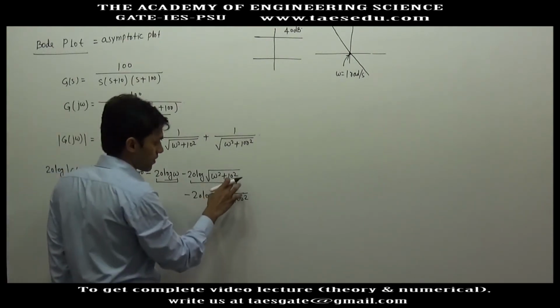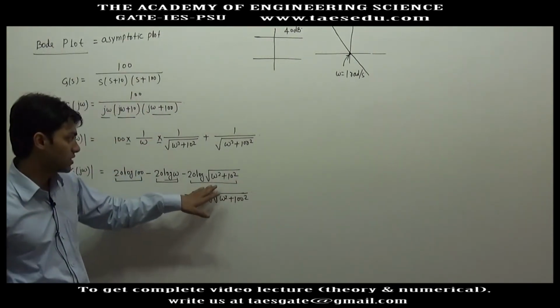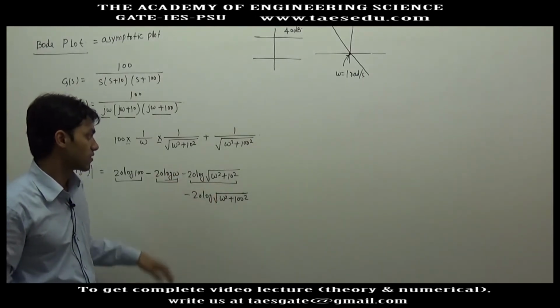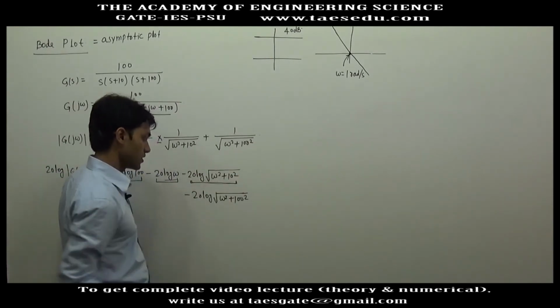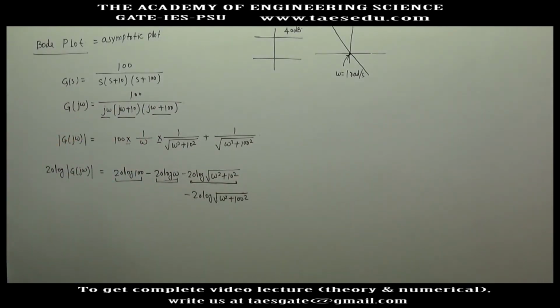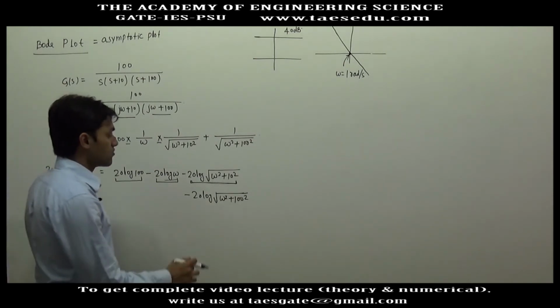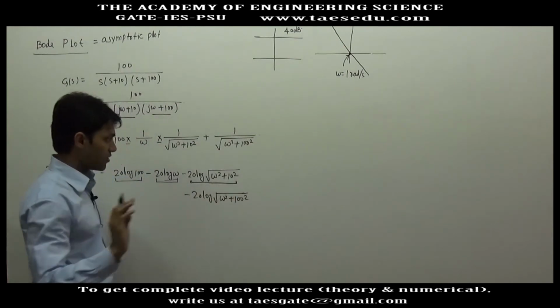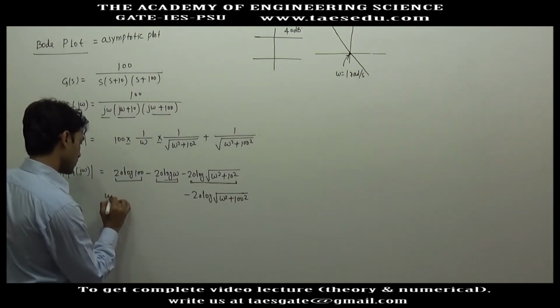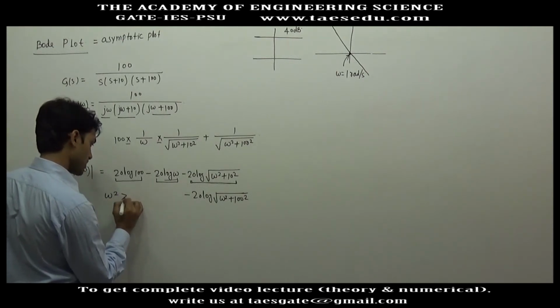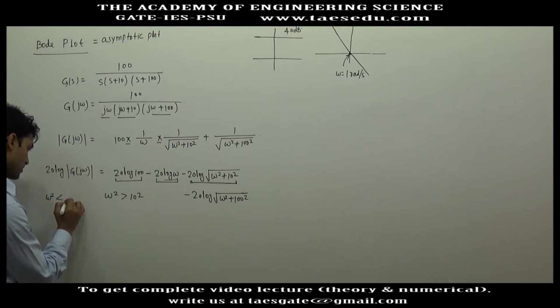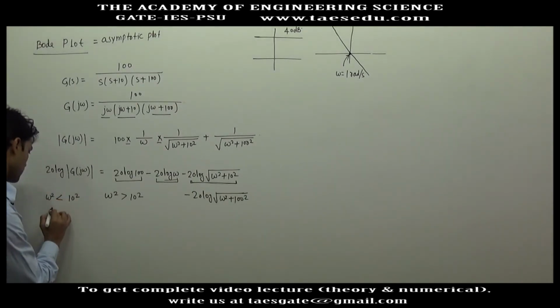So if you plot the exact graph, this will not give you a linear curve. Instead you will get a curve, not a straight line. So you will plot the asymptotic plot. When omega is very small, what will you get? First, where will the boundary be? The first condition is when omega square is much less than 10 square, which gives omega less than 10.